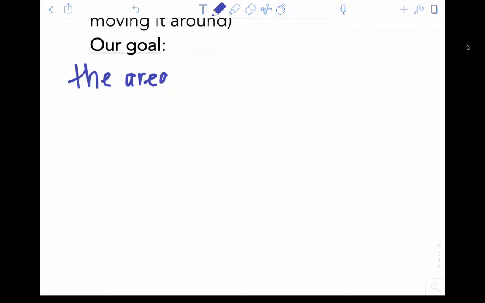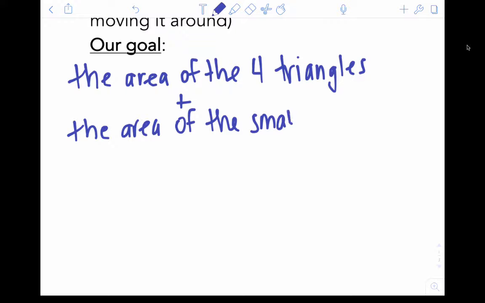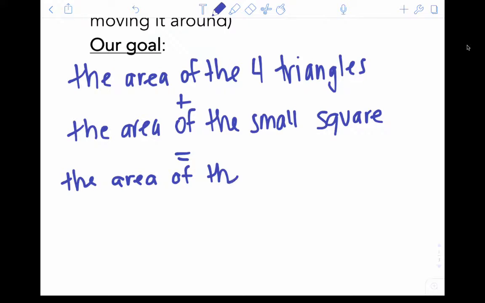So the area of the 4 triangles plus the area of the small square is going to be equal to the area of the whole square.